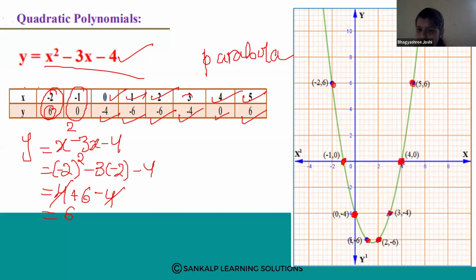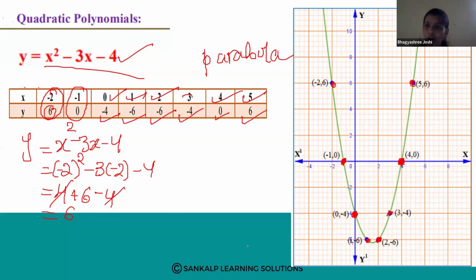That is -1, 0: it intersects once at this point. 4, 0: it intersects once here. That means it has 2 zeros. Right? It has 2 zeros. So if you look at the graph, the number of times it touches the x-axis is the zeros of that polynomial. 2 times, 2 zeros.